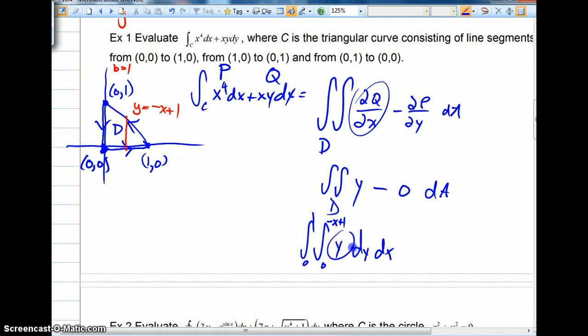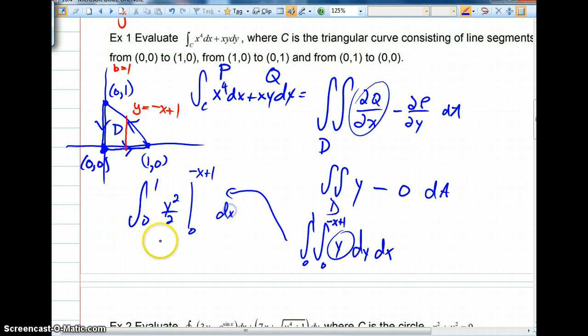The antiderivative of y with respect to y, of course, is y squared over 2, right? Then we evaluate that between, like Pooh just said, 1 minus x, or negative x plus 1, square it, all over 2.